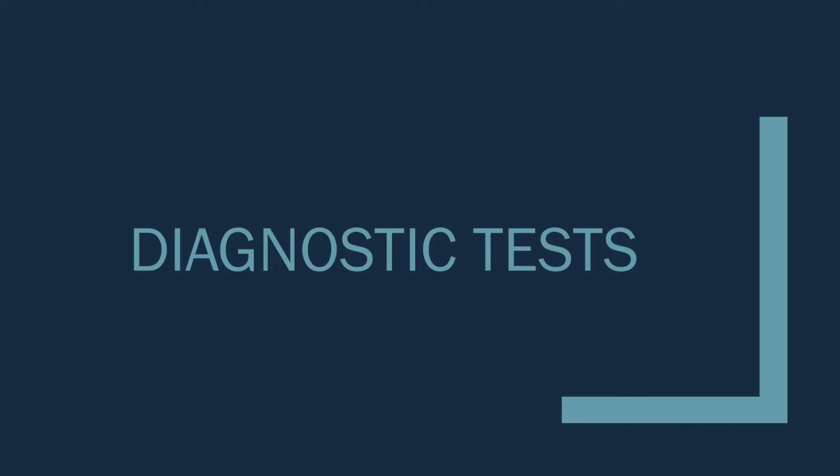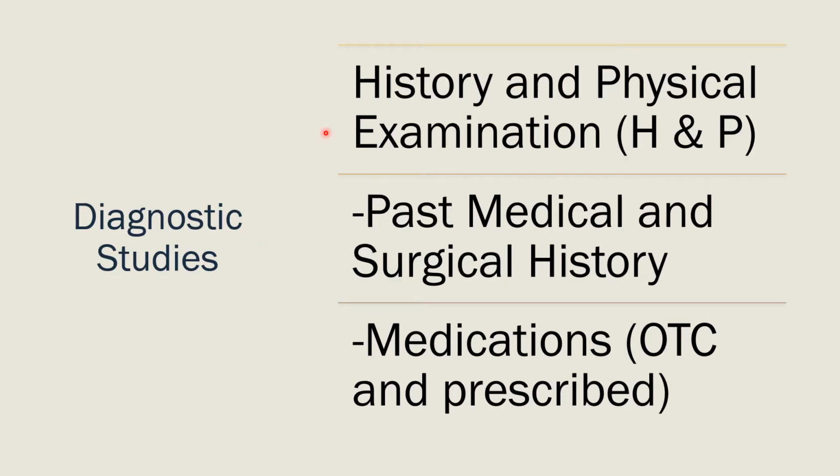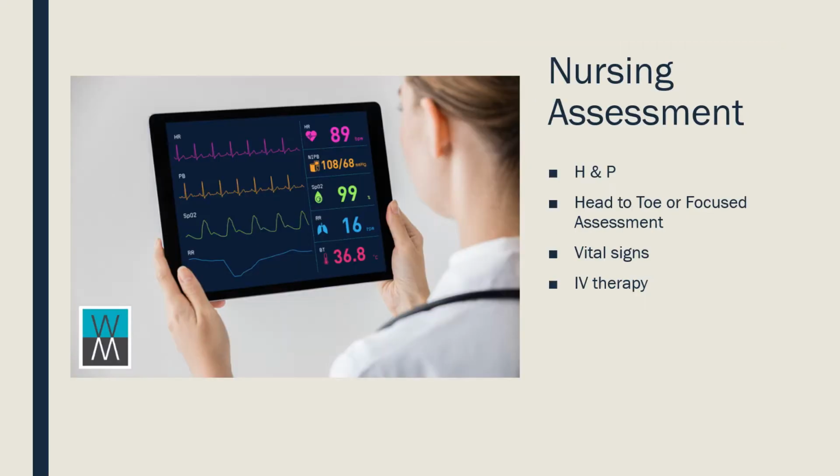Now let's look at the different diagnostic tests. Again, you've learned that it's very important for us to perform a history and physical examination on our patient. We have to ask them about their past medical and surgical history and what medications they're taking, whether they're home medications that are prescribed or over-the-counter medications. Again, as I mentioned earlier, as a nurse, we have to perform a history and physical.